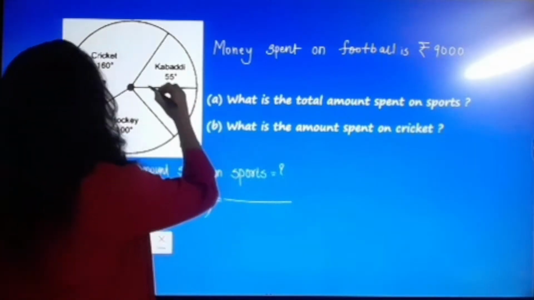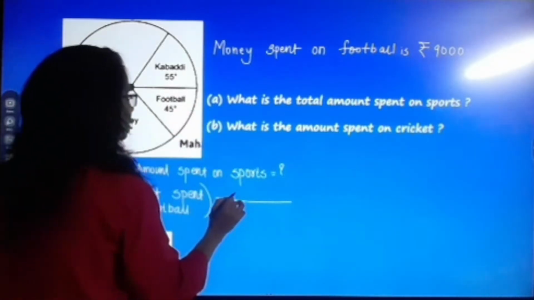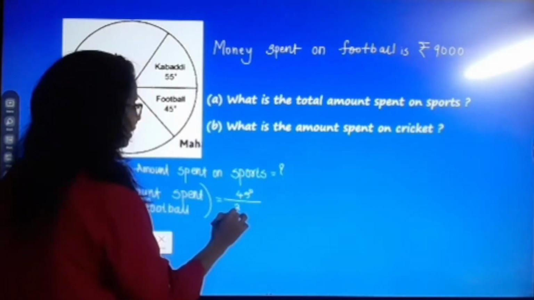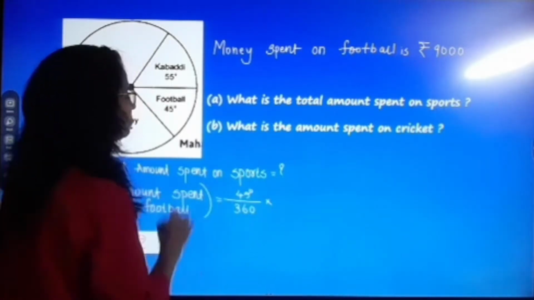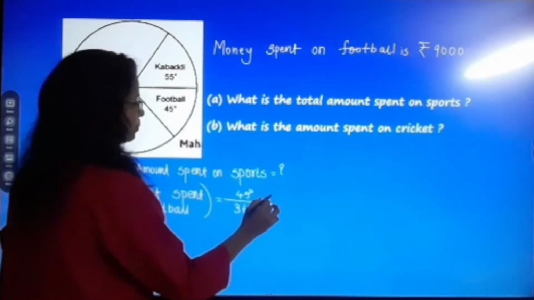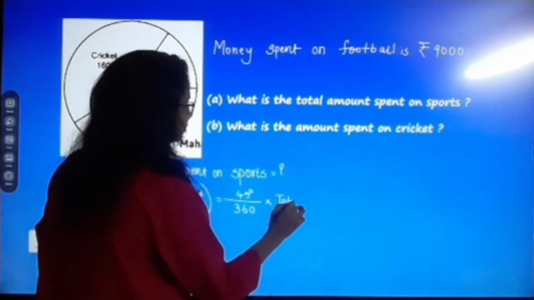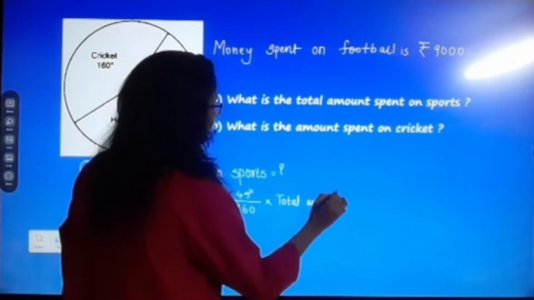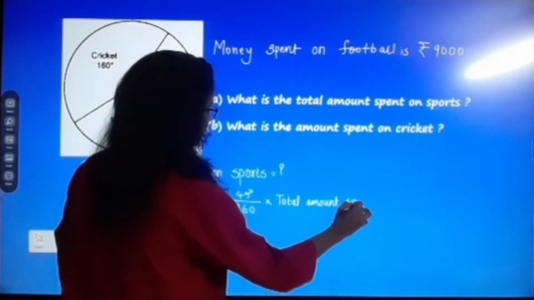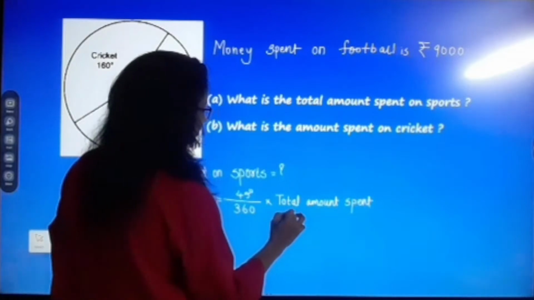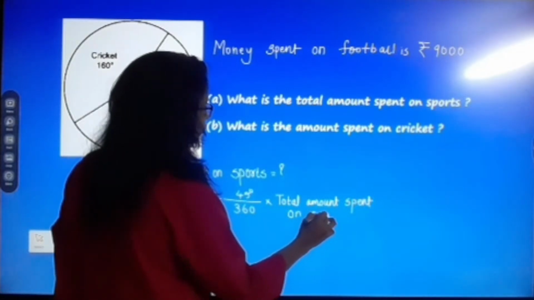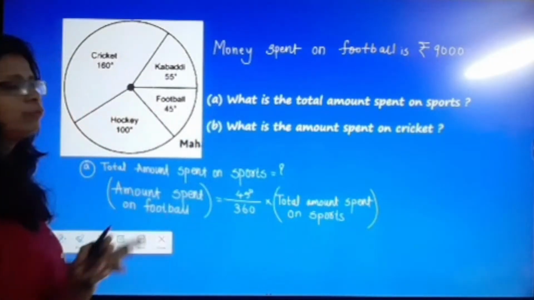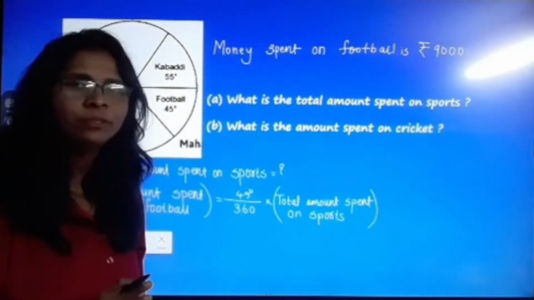That means the central angle for football is 45 degrees, and here 360, and then multiply by the total amount spent on sports. Okay, this will be our formula.